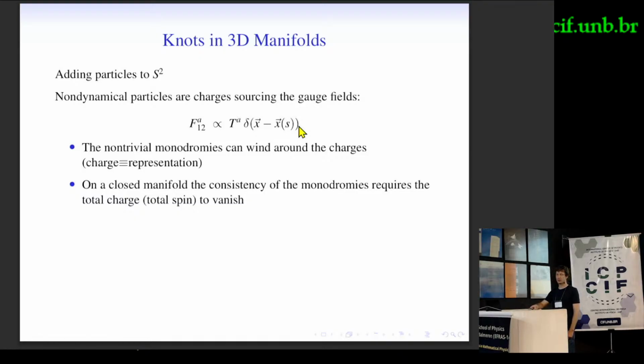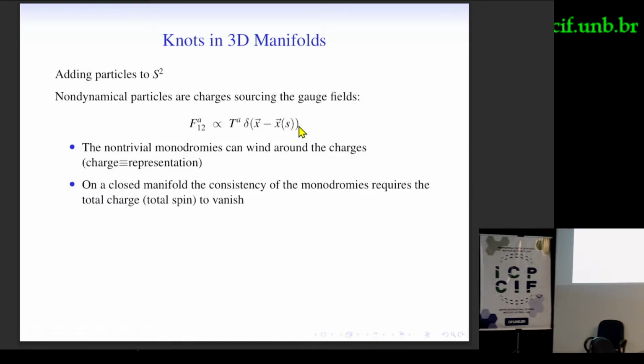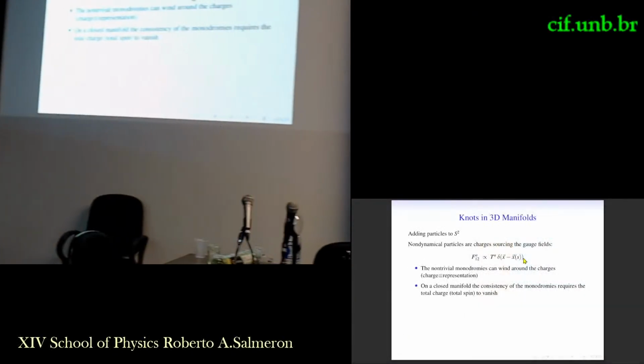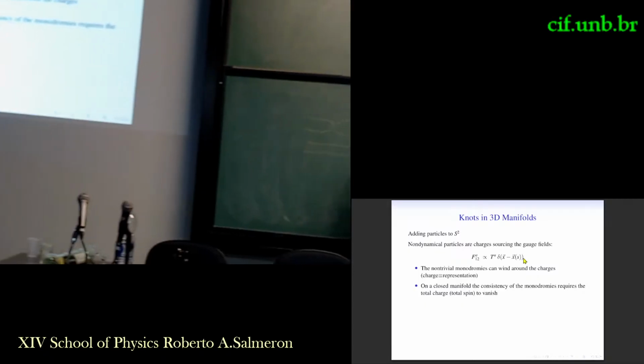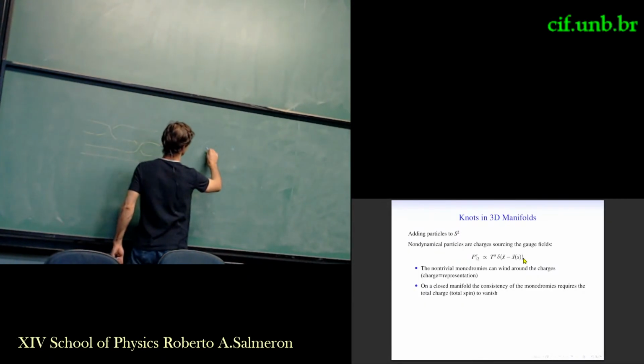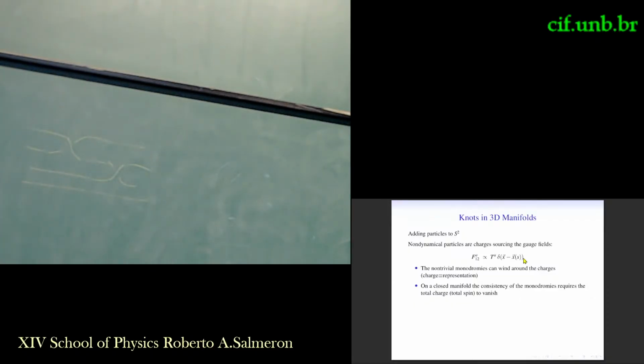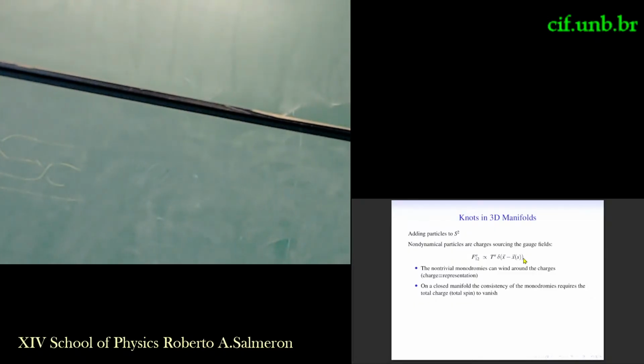And then when you discuss monodromies on a closed space, you should remember this: you can have a sphere with some charges, and then you consider a Wilson loop which does not have any charges inside, so it is a contractible loop and it should be trivial.